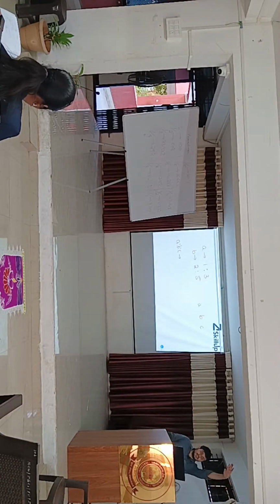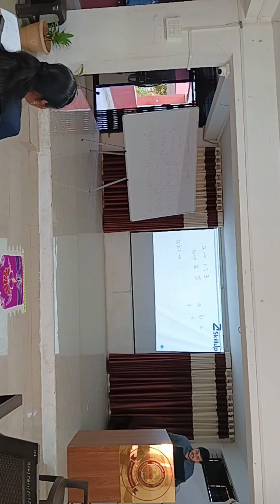Does everyone know how to solve this? A and B is 1 is to 3. B and C is 2 is to 5. I have taken A and B, and B and C. I don't have a value here. Whatever number is here will come here.